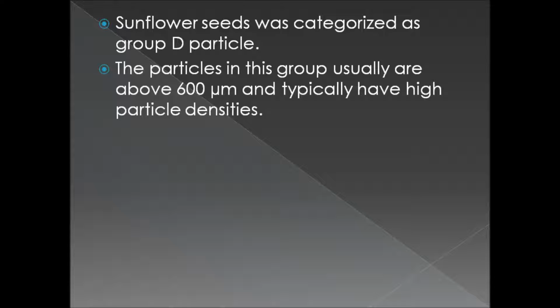According to Geldart's classification of particles, sunflower seed is categorized as a group D particle, and these particles usually have 600 micrometers of diameter and typically have high particle densities. If you want to know more about Geldart's classification of particles, you can Google it.